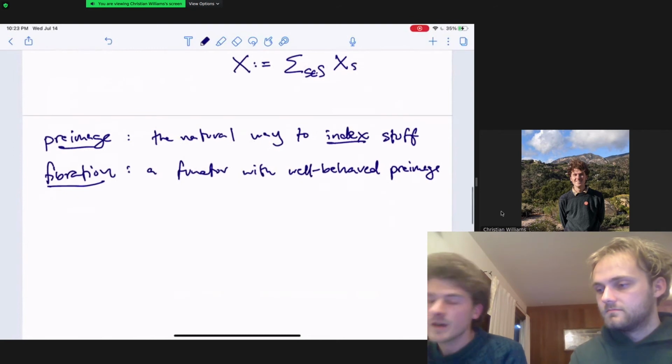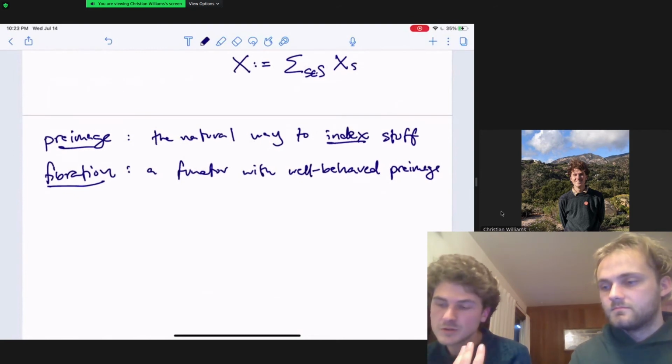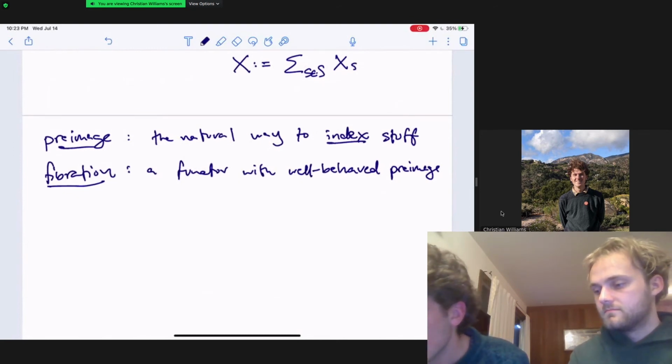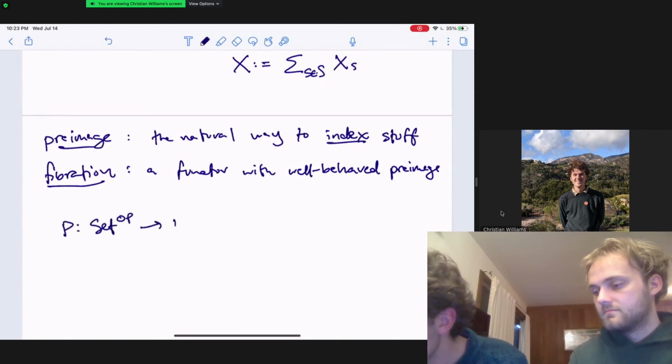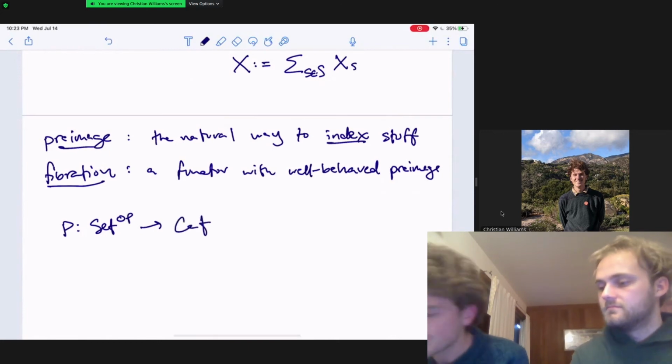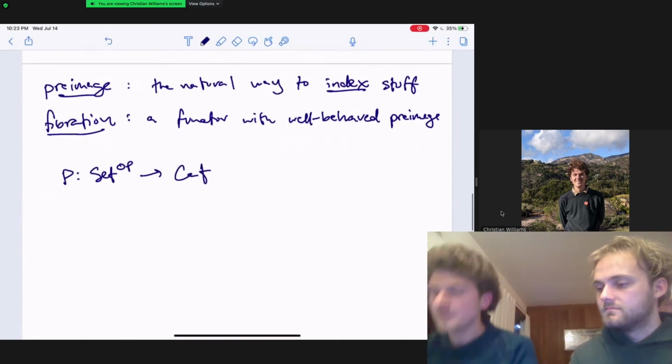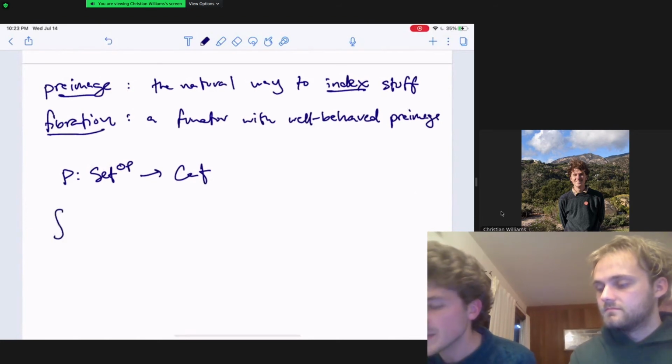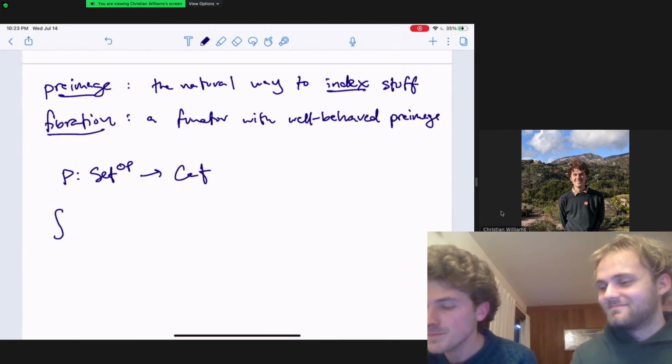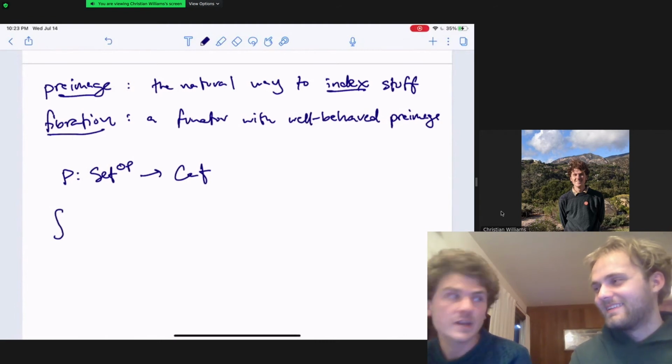So anyway, how does it work? How do we glue these things together? We take our functor P from Set up to Boolean algebras. Let's just take it to Cat. Then how do we glue this together into one big category? It uses the integral sign because it's like a big sum, and it is literally a certain colimit.